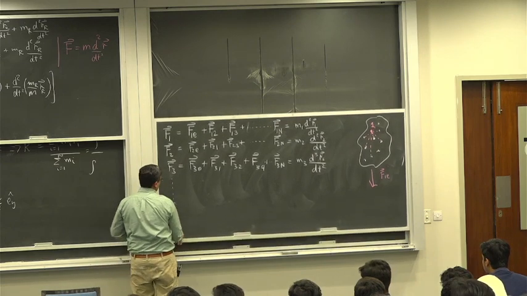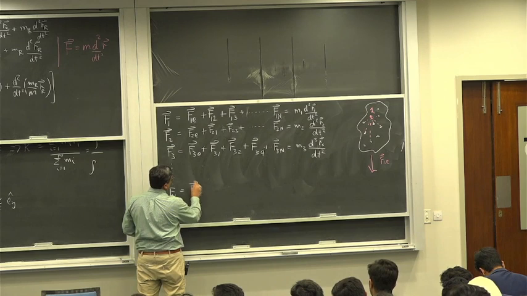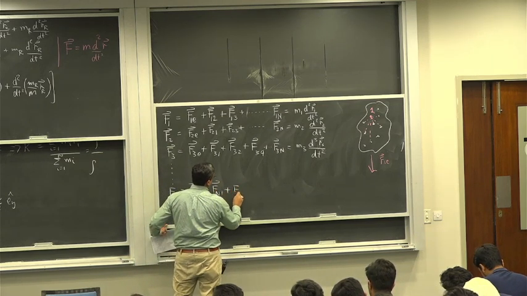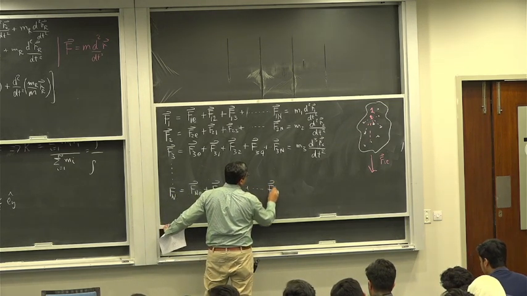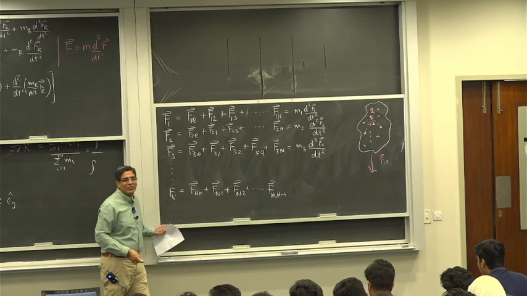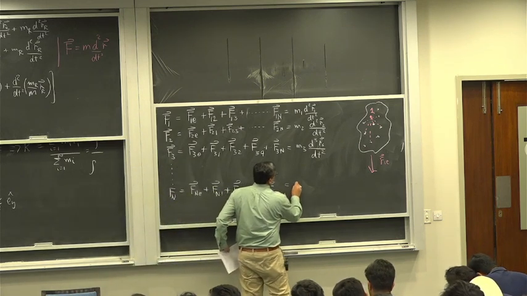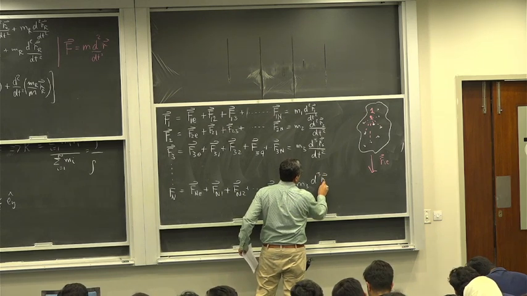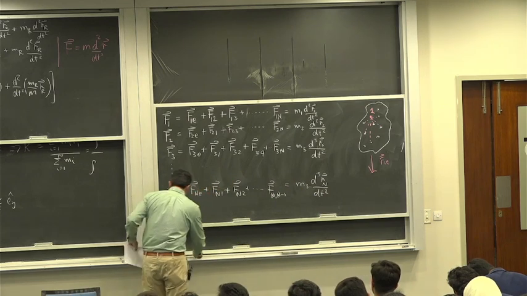Fn is equal to Fne plus Fn1 plus Fn2, and so on. Here you have to be careful: this is Fn(n-1), because you cannot have a particle exerting force on itself. This equals mn d squared rn over dt squared.